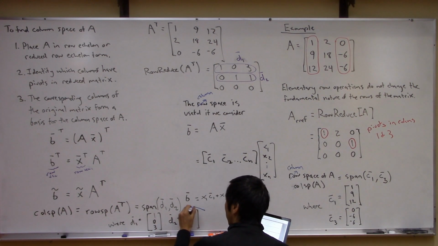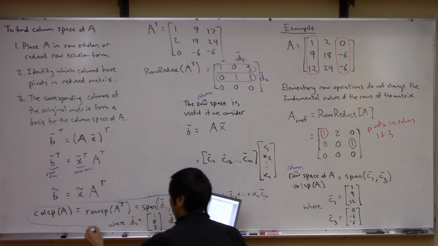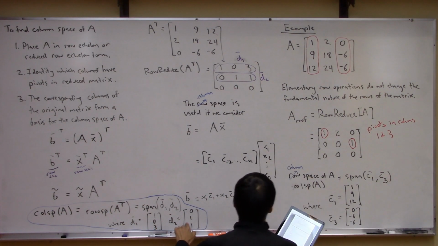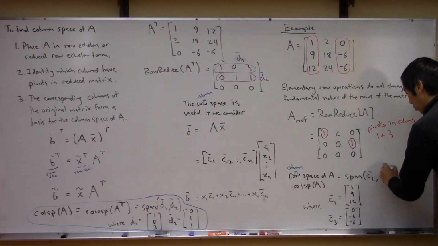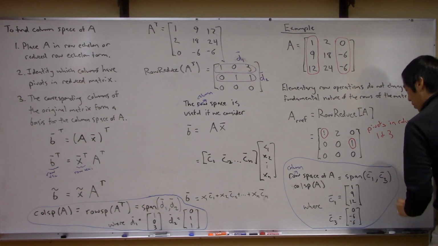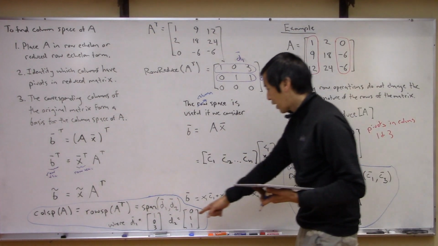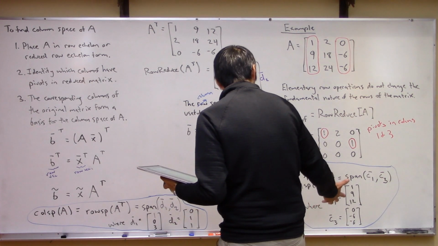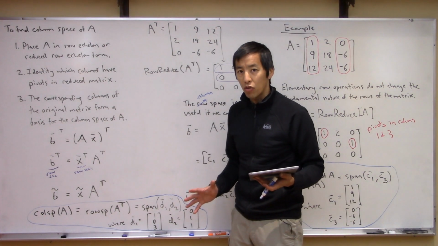Here's one set which describes the column space of A, these vectors D1 and D2. The other one that we have here is also the column space. And we claim that these two sets of vectors describe the same subspaces. And again, you can see they're not numerically the same. They look like they may be pointing in slightly different directions, but they should describe the exact same space.